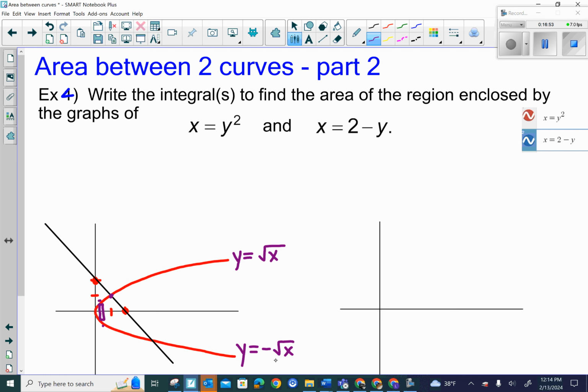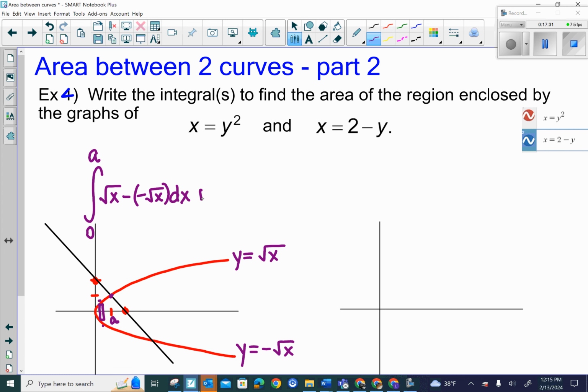So I will label that point A, and I'll set the integral up from 0 to A of the upper function, square root of x, minus the lower function, negative square root of x, dx. Sorry, I'm in the integral, so delta x has gone to 0.